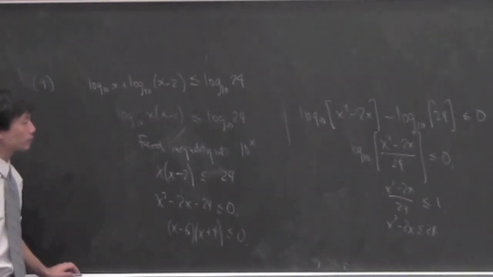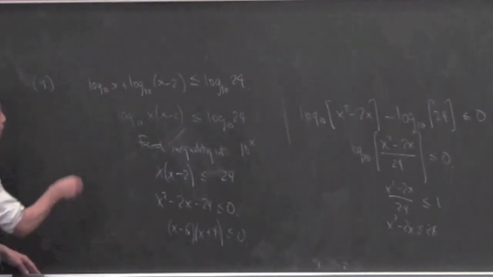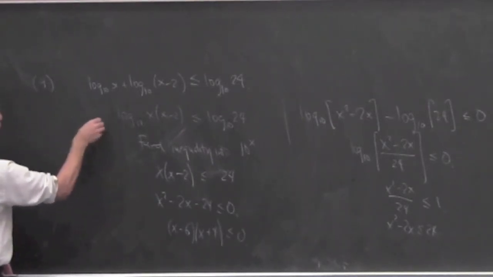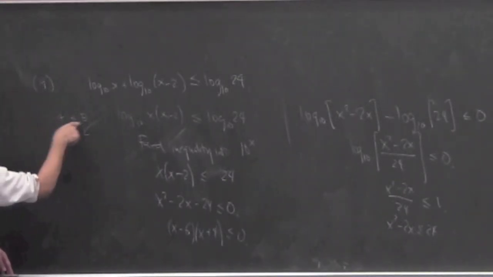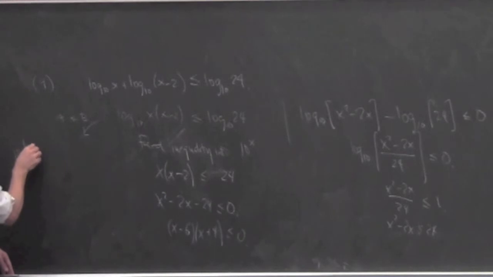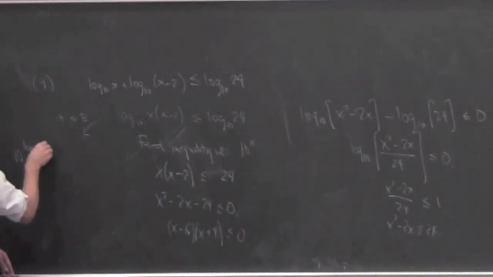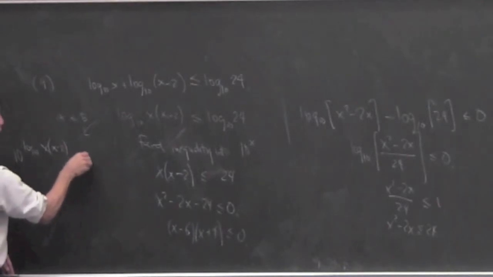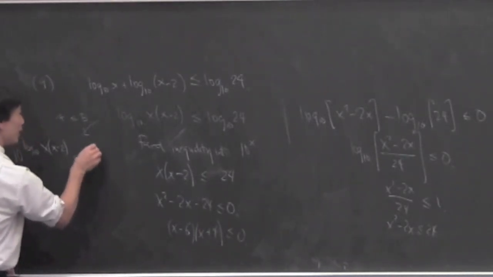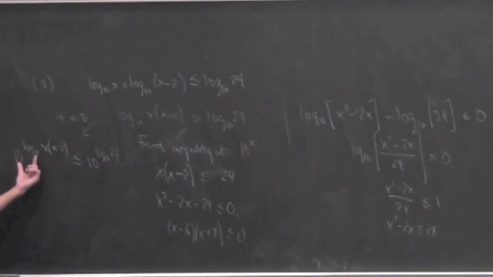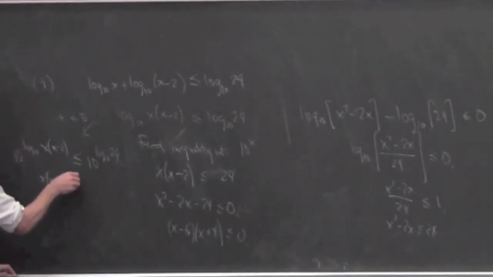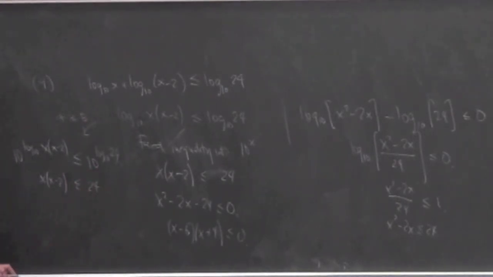I'm confused about where the log base 10 went when you say feed the inequality into 10 to the x. Remember, when we do this, you take a less than or equal to b, and you have 10 to the a is less than or equal to 10 to the b. And then you remember that 10 to the log base 10 of something is just that something. 10 to the log base 10 of 24 is just 24.